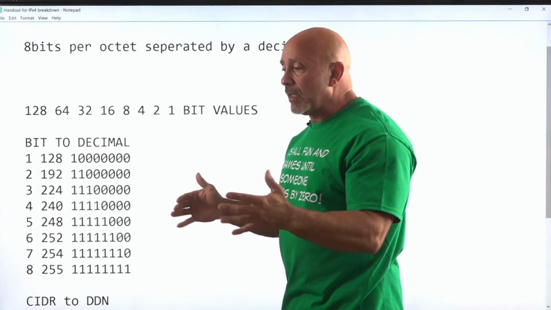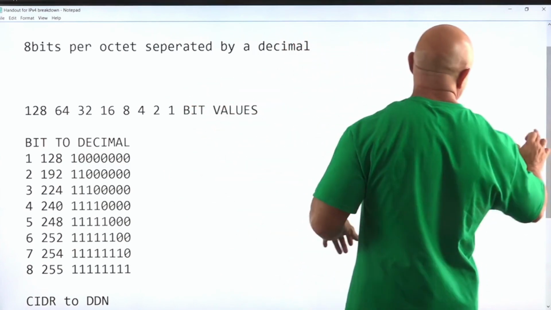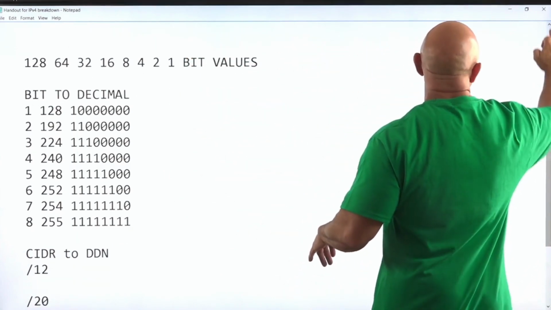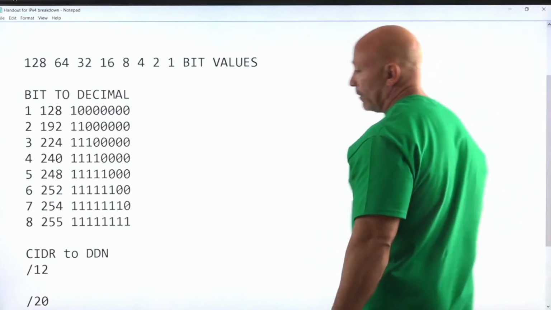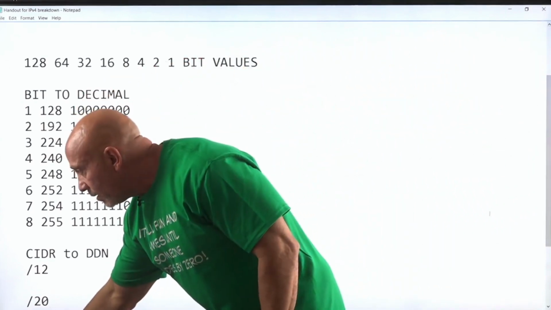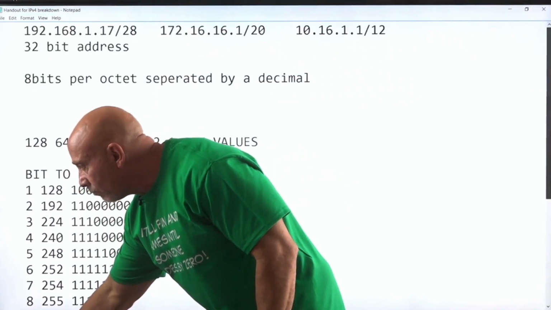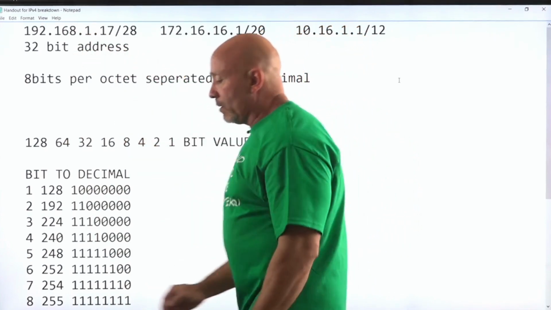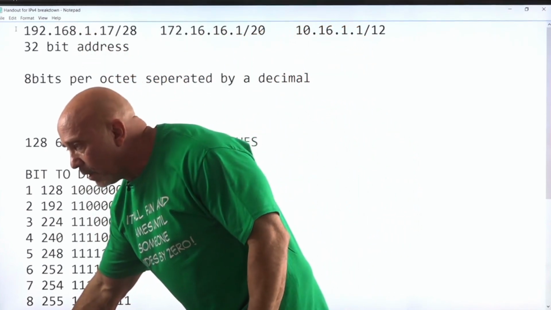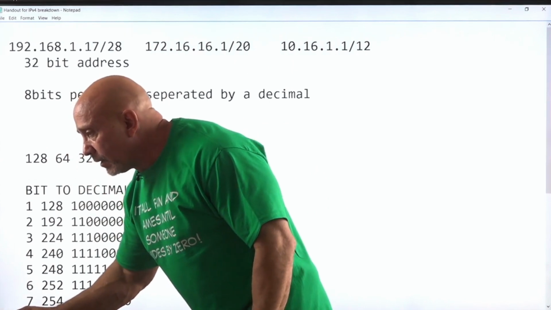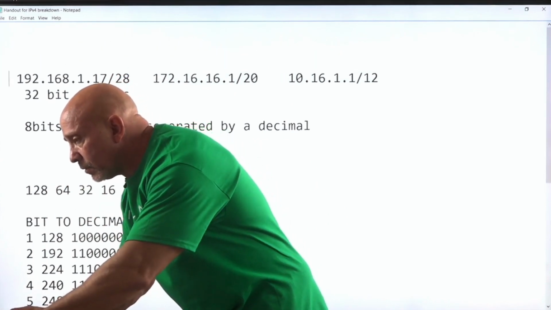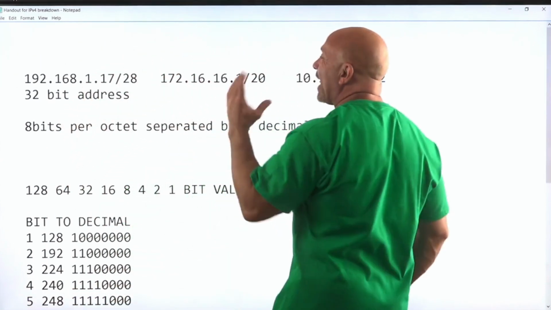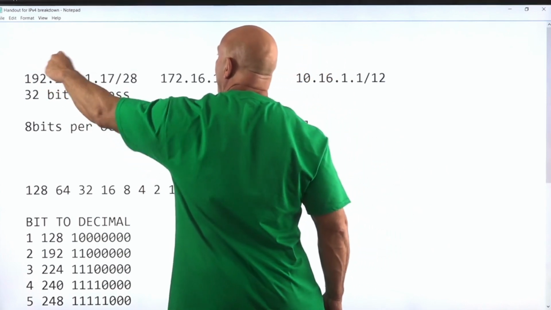Okay? What changes is underneath, because one of the things that people ask me is, Laz, why do you count on top and not on the bottom? All right, my finger's not working today. All right, I had to reprogram it. Okay, so when I have an address like this one, and let me space it down just a little bit. Okay, when I say bit values, I'm talking on top of the address.